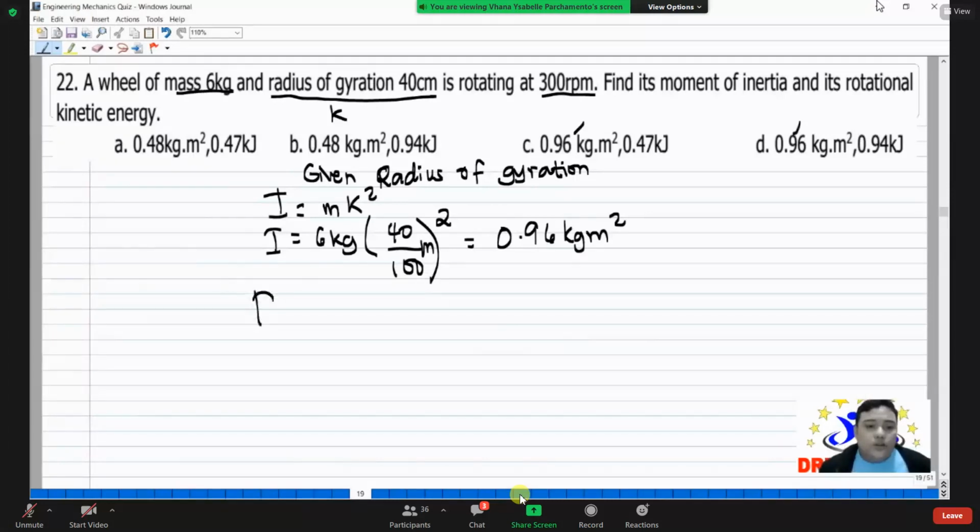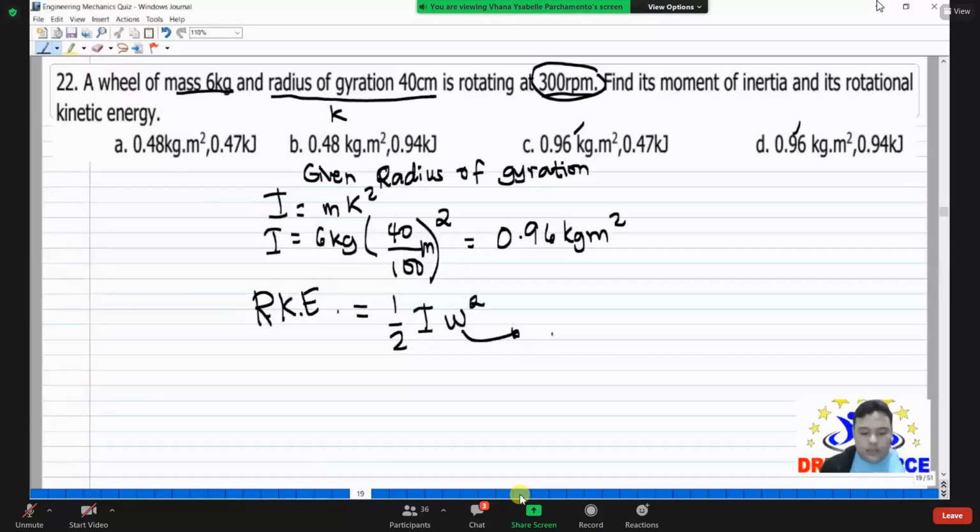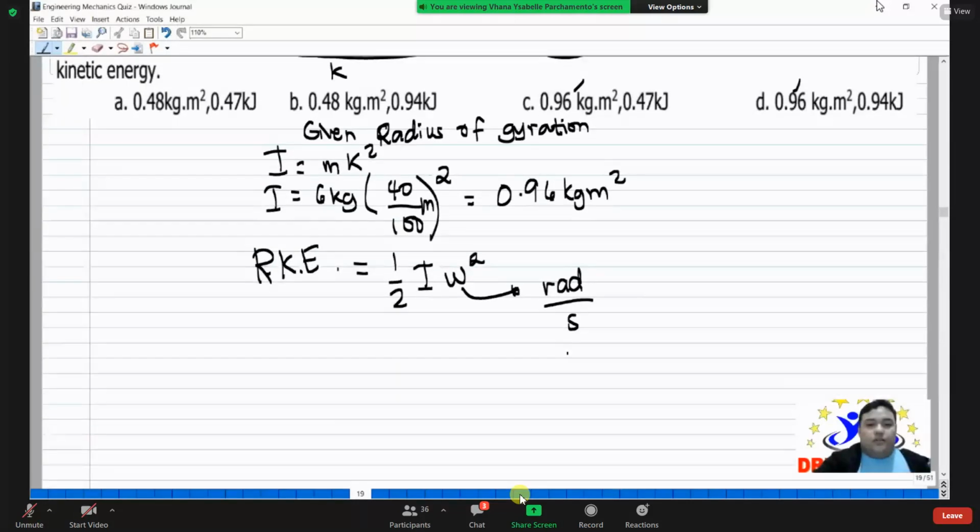Rotational kinetic energy, so kapag in terms of momentum, yung moment of inertia and its angular velocity. So this is equal to 1/2 I multiplied by omega squared. So wherein omega is in radians per second. So tingnan natin kung ano magiging unit yan.